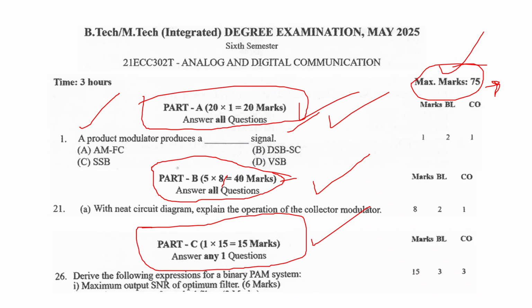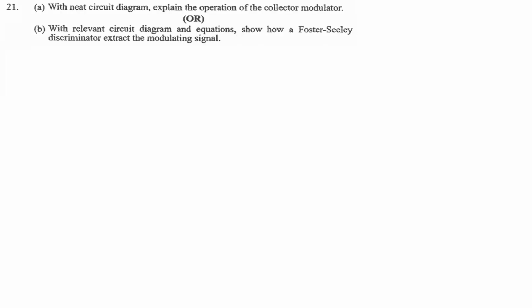We will take primarily the long questions, both the short question and long question. So here 5 questions will come from 5 different units, right? From the first unit, the question is: with a neat circuit diagram, explain the operation of the collector modulator.